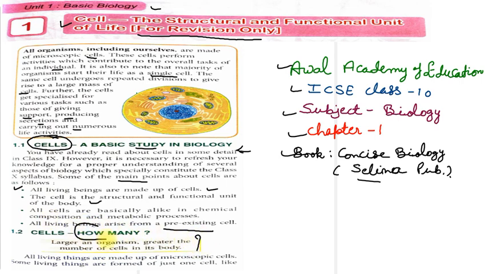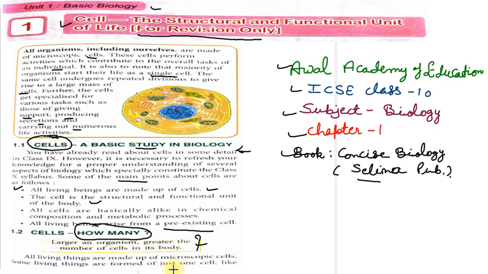Now we will discuss how many cells are needed for our life. It depends upon the size of the body. The larger an organism, the greater the number of cells in its body, right? All living things are made up of microscopic cells, as you know.